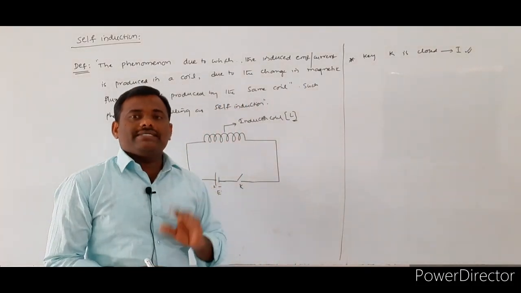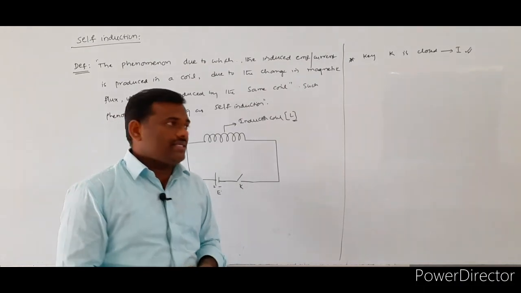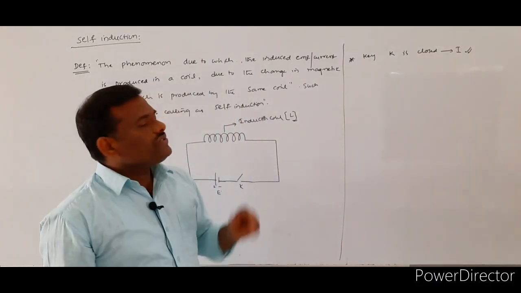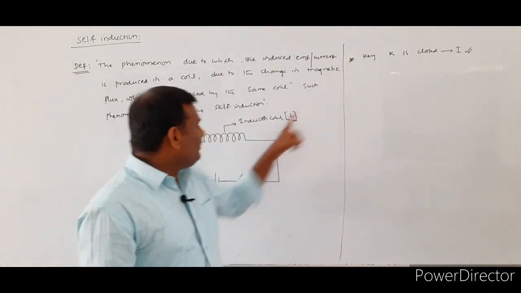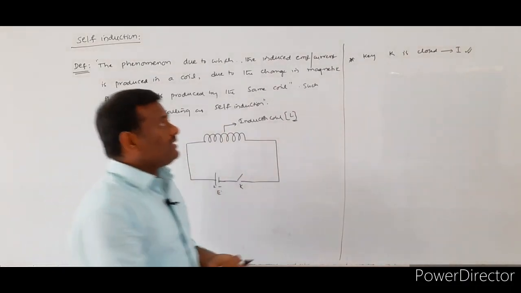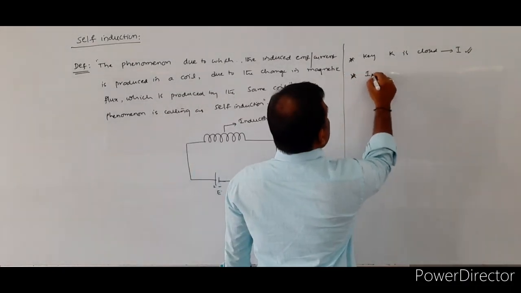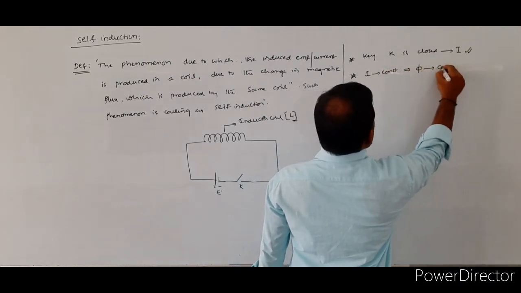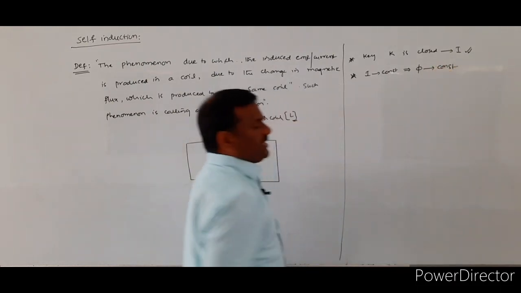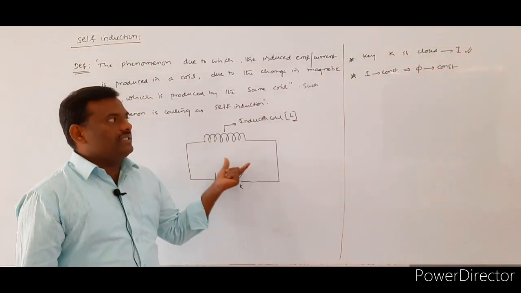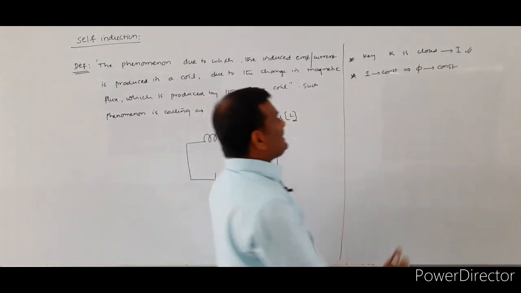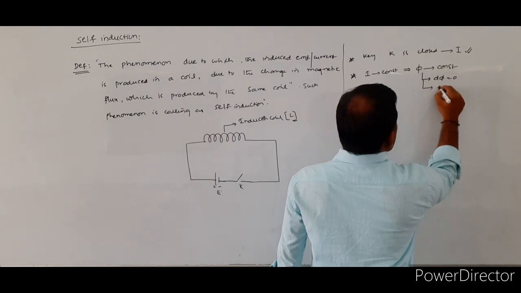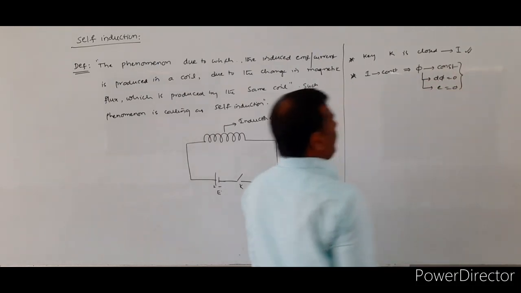Whenever the plug key is closed, a constant current passes through the coil, so a constant flux is linked with this inductor coil. The flux linked with the inductor is also constant. Whenever the flux is constant, the change in flux is equal to 0. As a result, the induced EMF is also equal to 0.